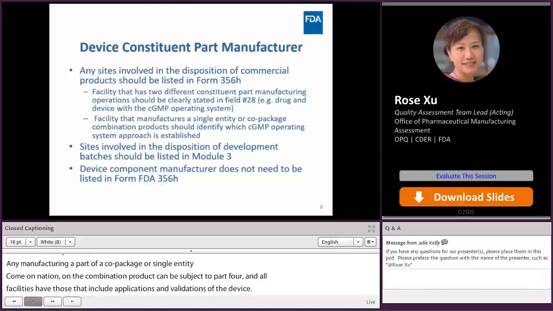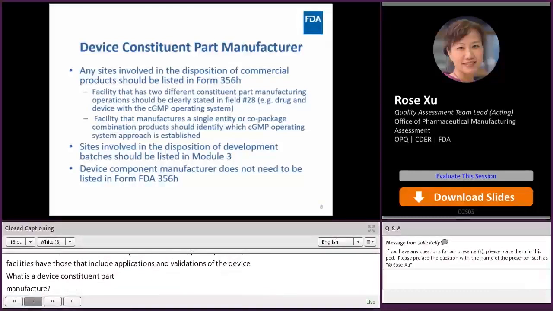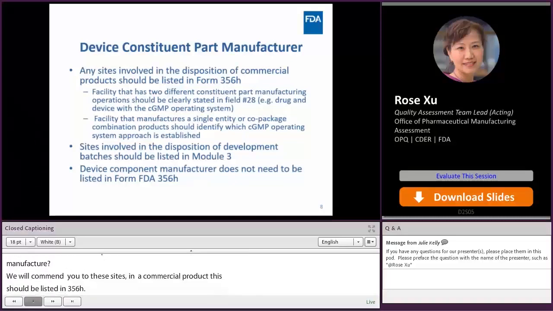Any sites involved in the disposition of a commercial product should be listed in Form 356H. If the facility has two different constituent part manufacturing operations, they should be clearly stated in field 28. For example, for the drug, they have to state that they follow 211 or 210.